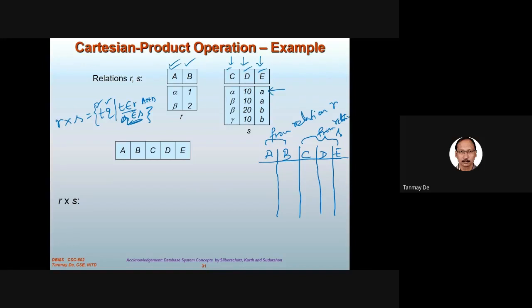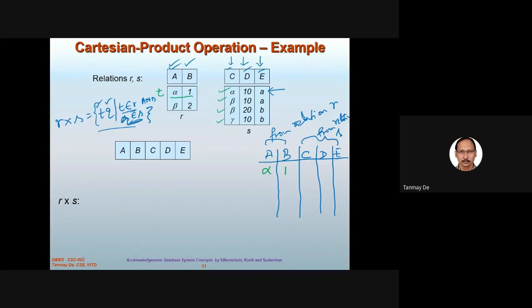The tuple is taken from relation R, followed by the tuple Q from relation S. So first we can take this tuple, alpha 1. So alpha 1 is the T. If this is T, then which one is Q? This is one of the Q, this is another Q, this is another Q, this is another Q.